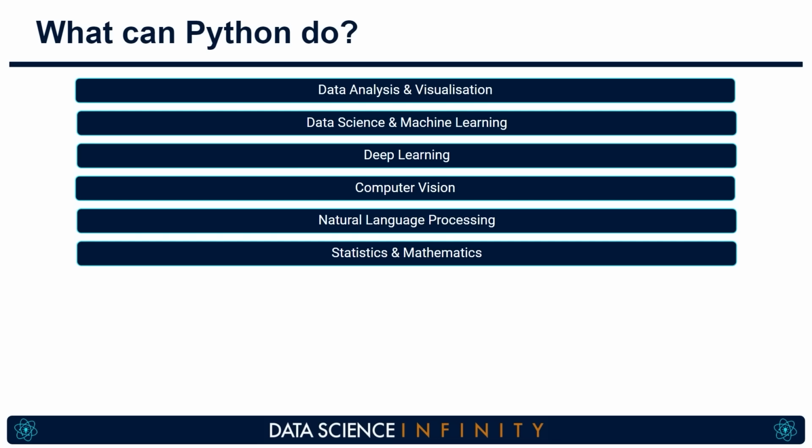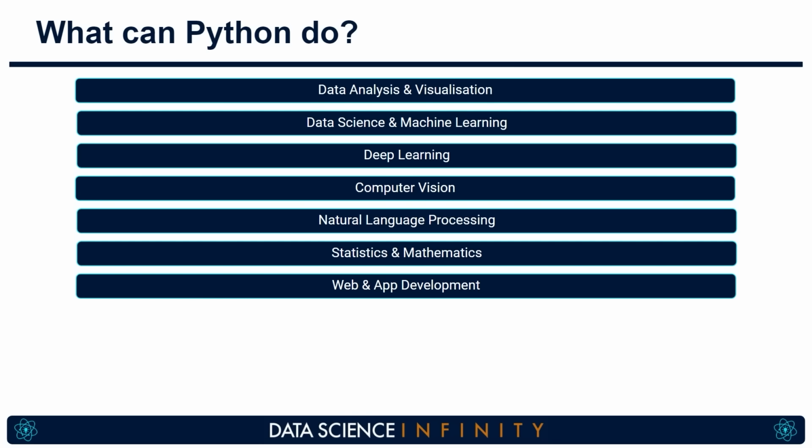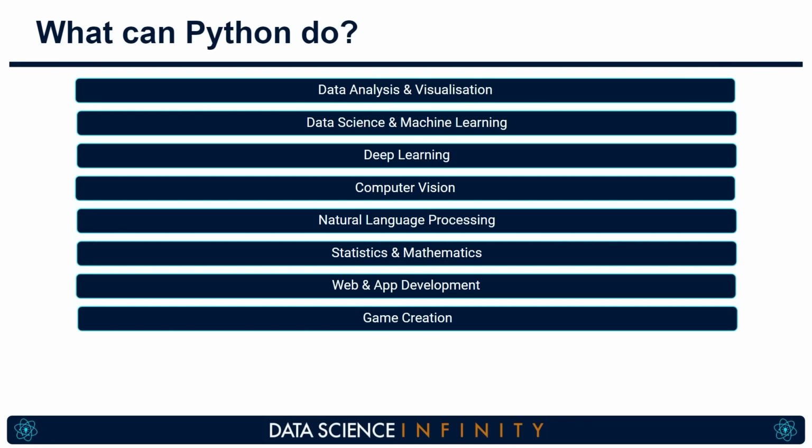Taking a slight tangent, Python is also great for web and app development. If you want to build a website or an app for your phone, then you can actually do this using some clever packages and libraries in Python. In fact, some very large companies, including Spotify, Netflix, and Instagram, all have their web foundations based in this way. Not only can you create web-based applications, you can also create games.